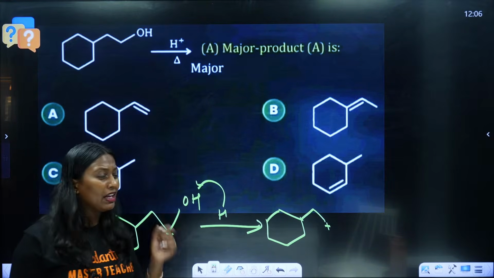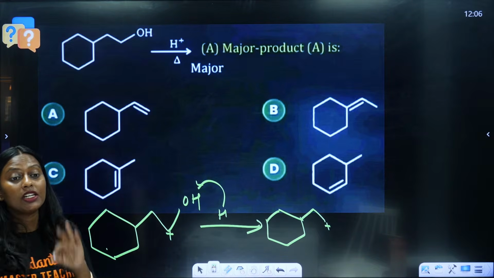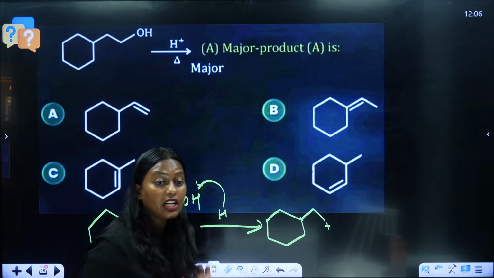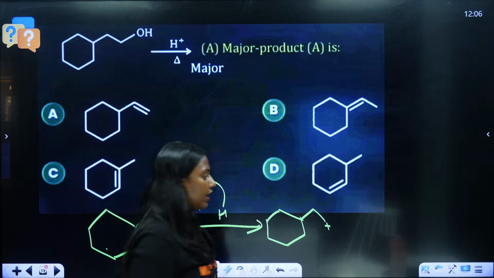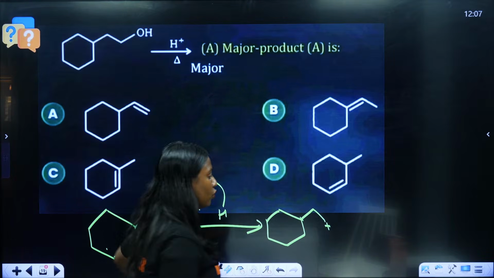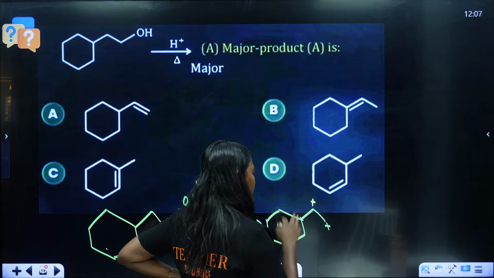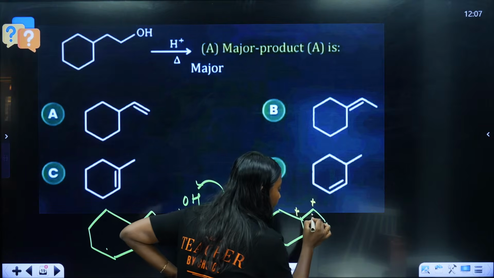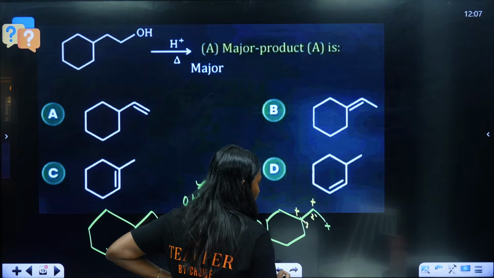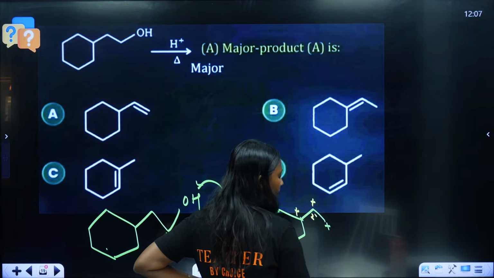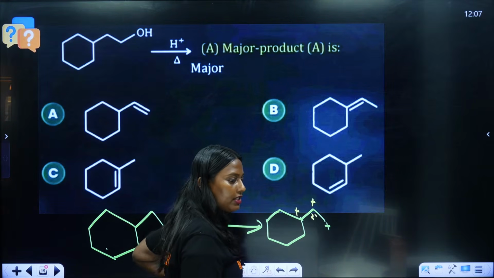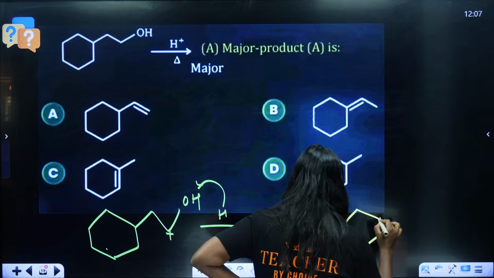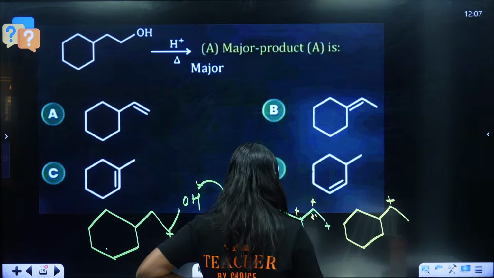So next, what will happen if rearrangement is possible? If rearrangement is possible, it means rearrangement will happen. So let's check whether rearrangement is possible or not. Here it is a primary carbocation. When you consider this one, yes, it is tertiary. So the carbocation rearranges again, so it is secondary, it is tertiary. Now, how many alpha carbons are there in primary, in secondary, in tertiary? If I want to draw everything, I will draw everything.